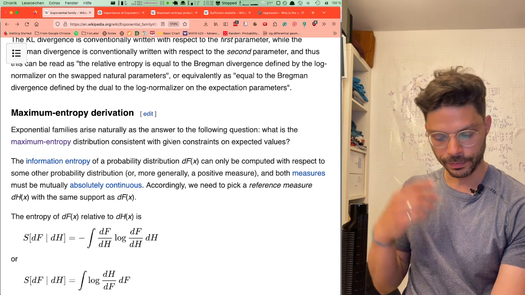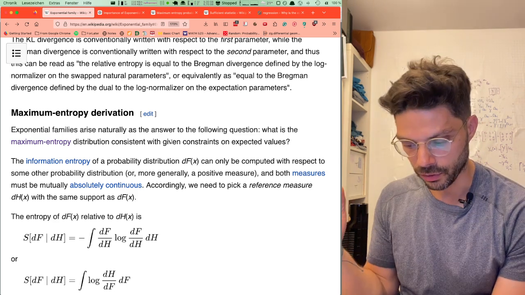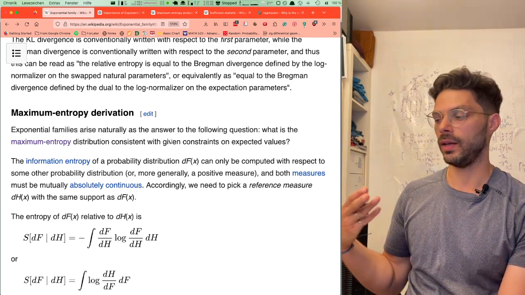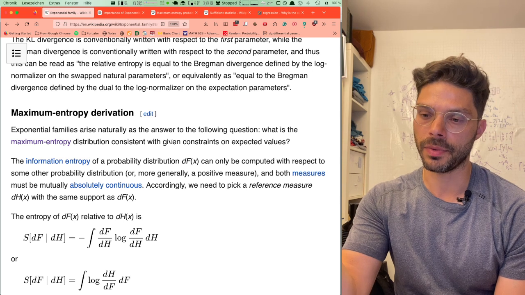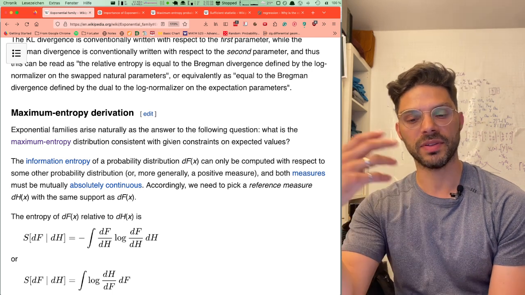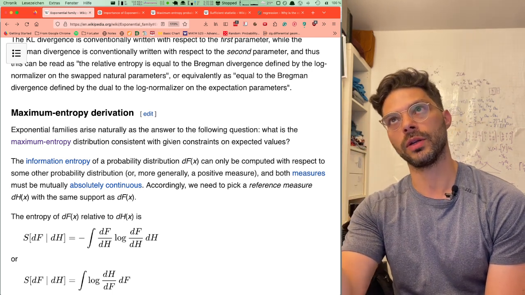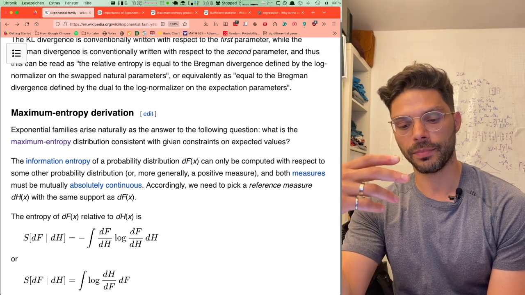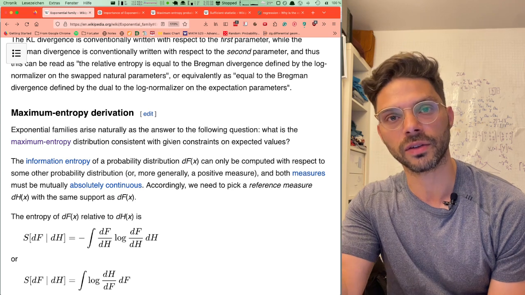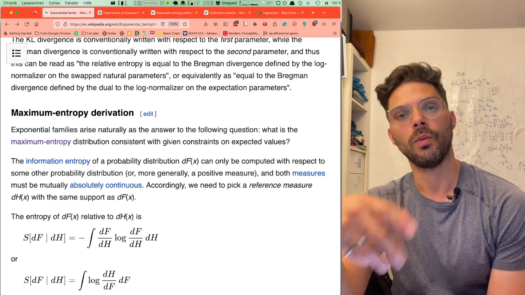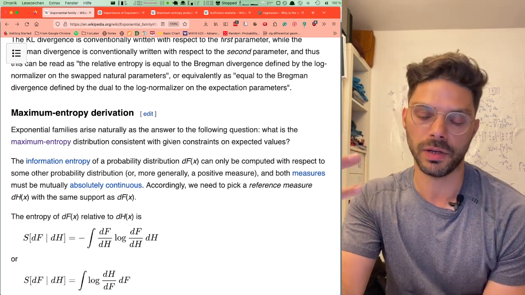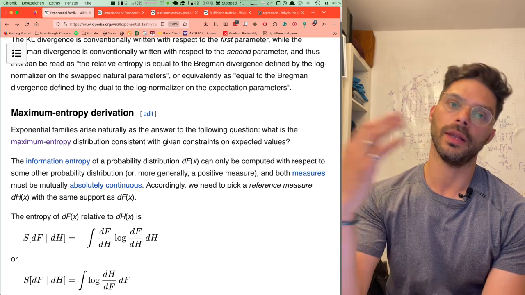So, for example, if you have real valued data, and you know that its mean is something and its variance is something, you might want to ask what is the distribution over that data that has the maximum uncertainty, right? It just incorporates those two pieces of information. That distribution, the maximum entropy distribution, turns out to be the Gaussian distribution.